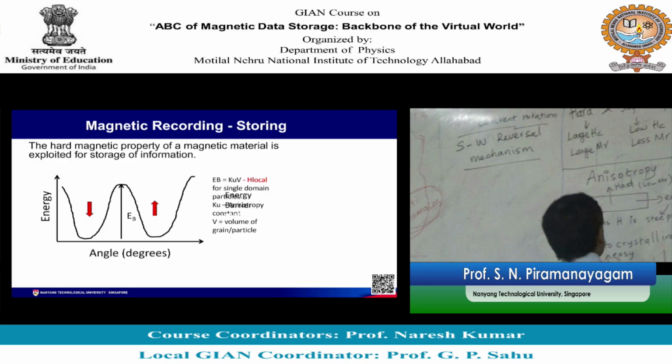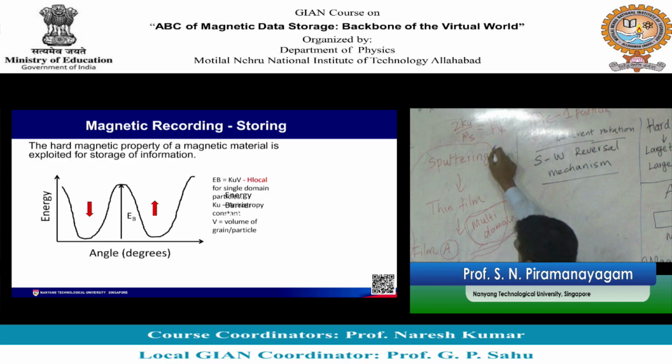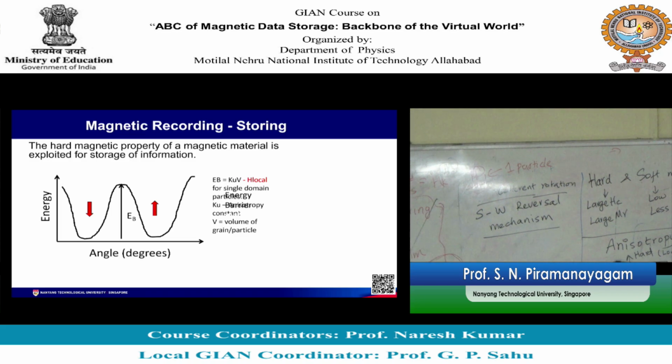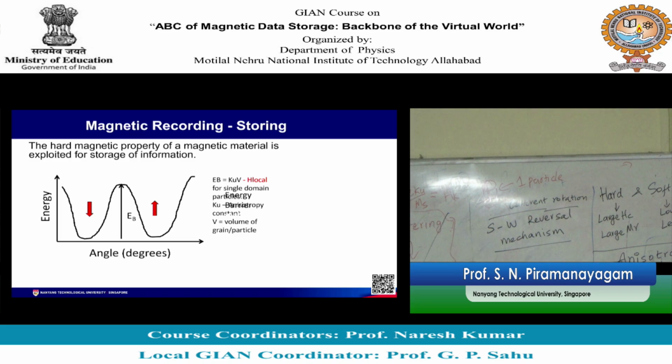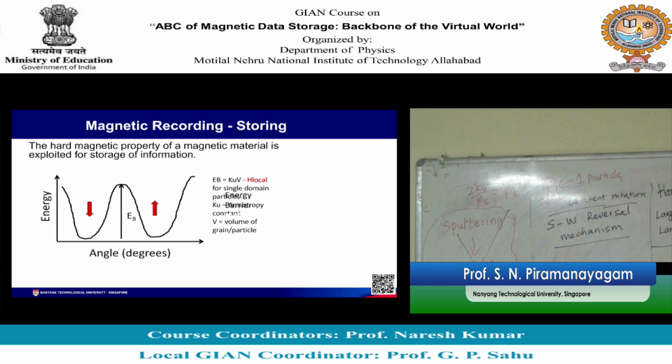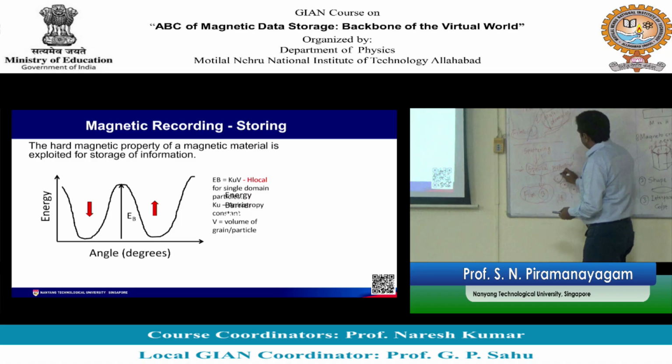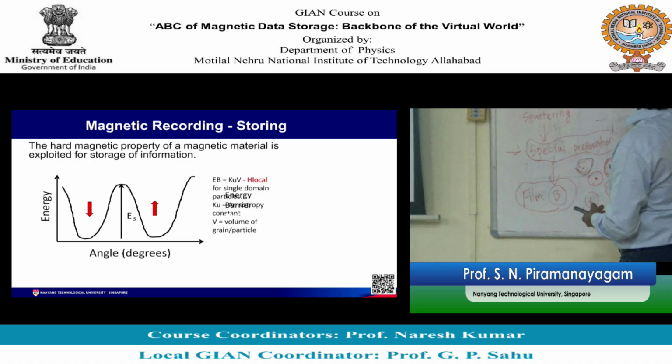We are not interested in the domain wall motion. Okay. We are interested in this case where you have tiny regions, single domain particles, and they reverse independent of each other. Okay.